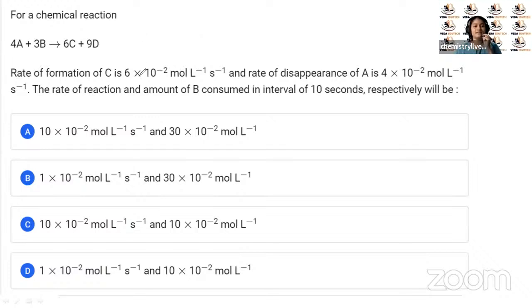Okay, children, let us see what is given. Let us read the question. There's a chemical reaction given to us. The rate of formation of C is given, that means dC by dt.